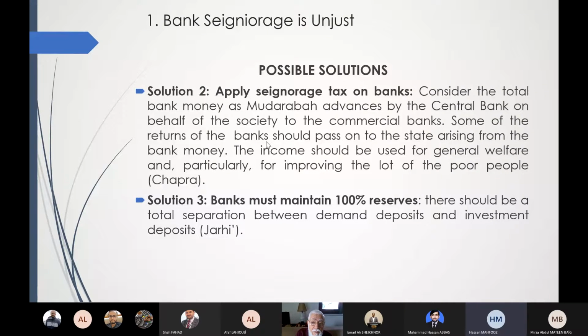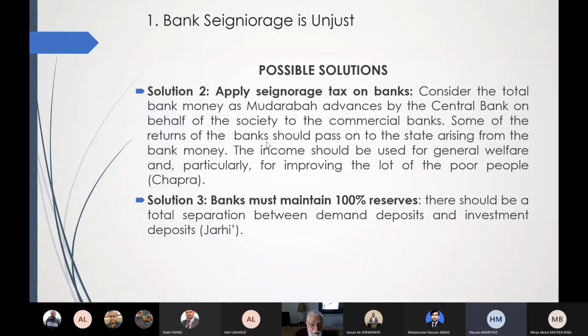So do we want banks to be like that? Are banks a useful entity in a contemporary society? I argue they are, yes, and they are needed. So the 100% reserve anyway is not.